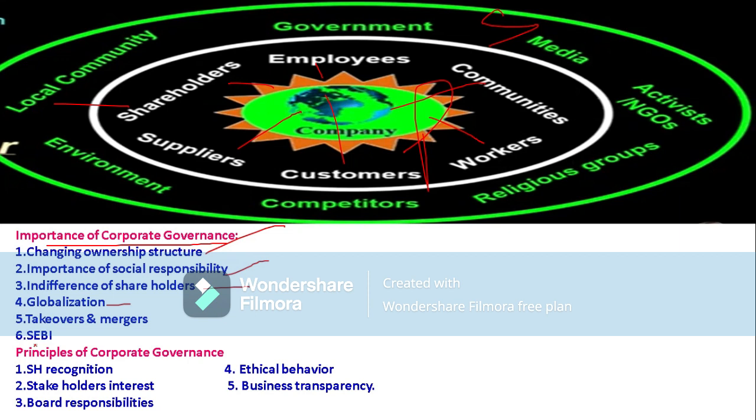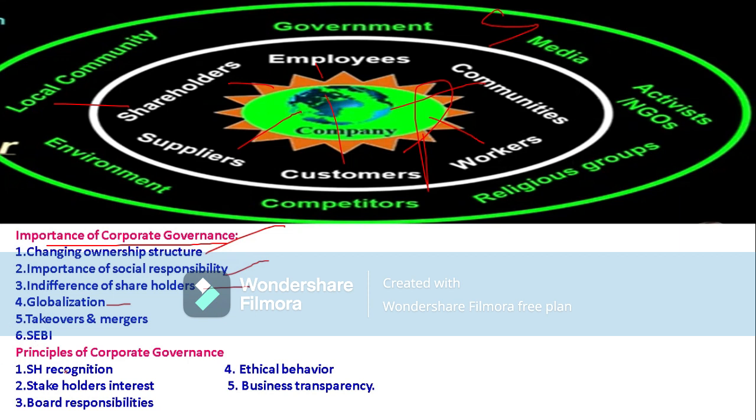For that purpose SEBI made it mandatory for many organizations to implement corporate governance. So we can see fairness, accountability and transparency if the company is following corporate governance according to the instructions of the SEBI rules.